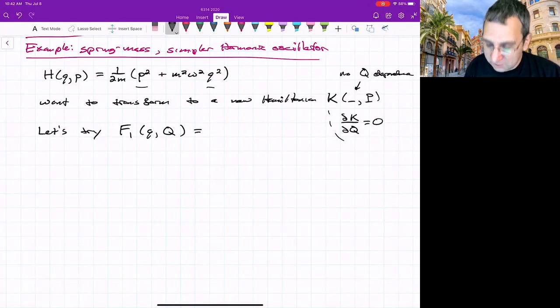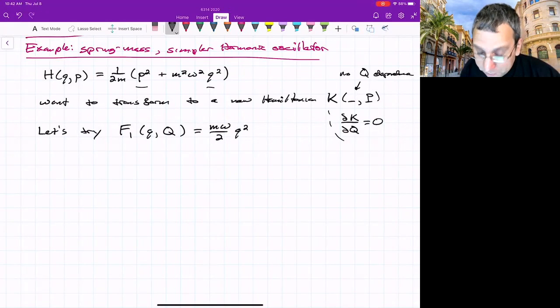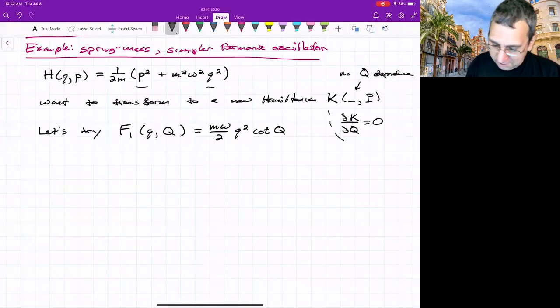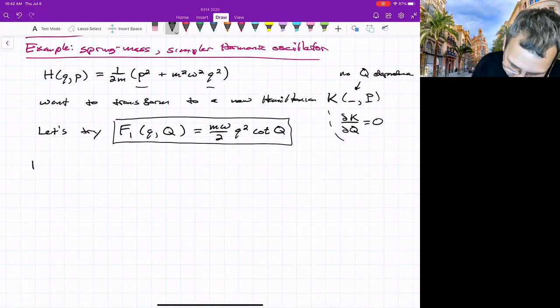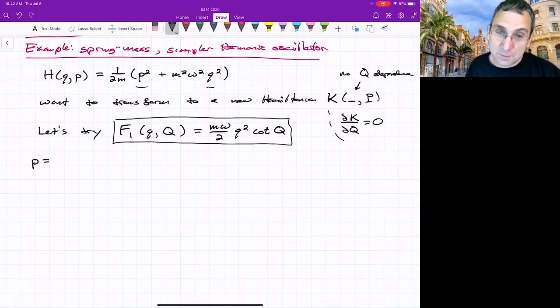Here's a generating function, m omega over 2 little q squared, so the old coordinate, and then cotangent of the new coordinate. We're just assuming this. There's no systematic way. I've just assumed it, okay? And we're just going to see that it gives the same transformation as before.